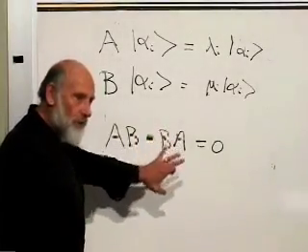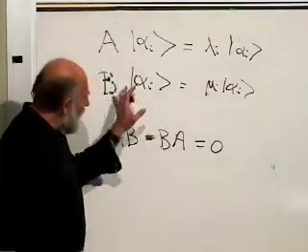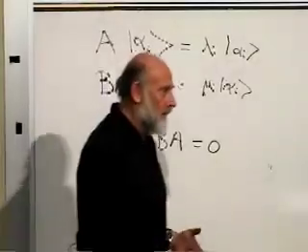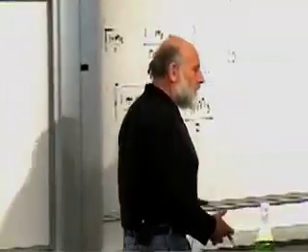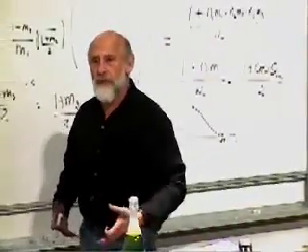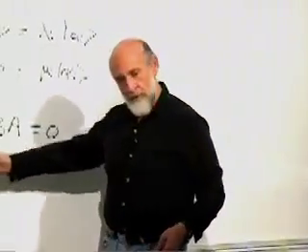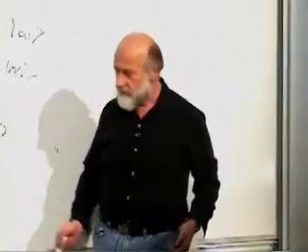If the matrices commute, that means it doesn't matter which order you write them in, then all of the eigenvectors are simultaneous eigenvectors of the two operators. That's a theorem. The necessary and sufficient condition for all of the eigenvectors to be the same is that the matrices commute. Commute means you can interchange the order.